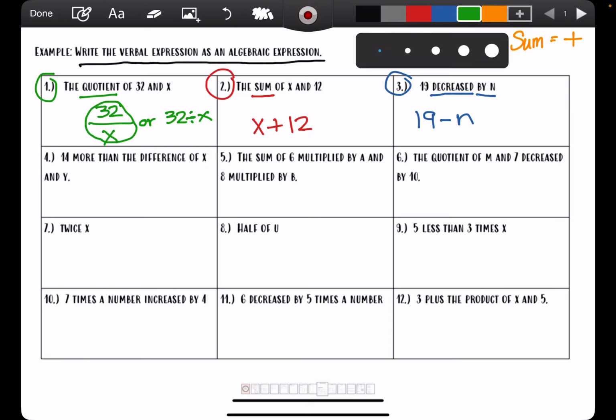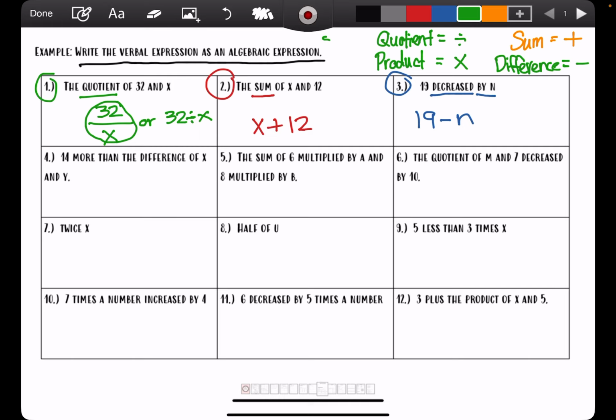If you hear quotient, that means dividing. If you hear product, that means multiply. And difference means subtraction. Hopefully those will help you out as we go.